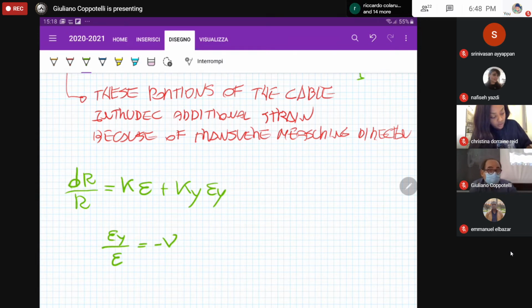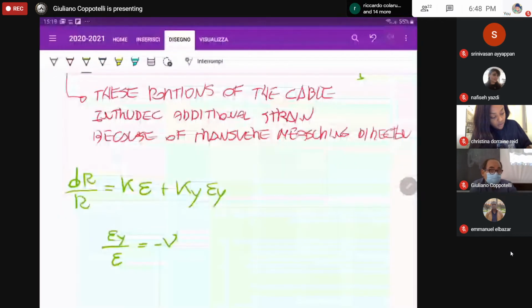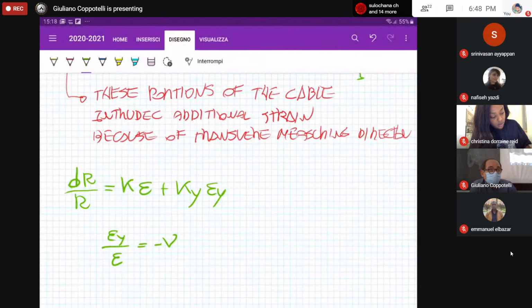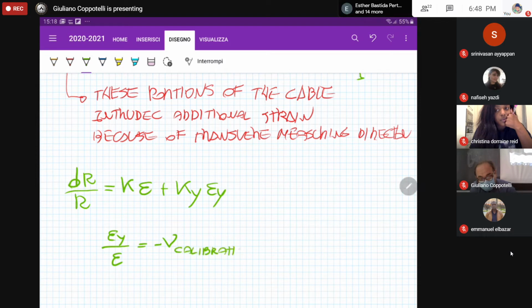And because we are testing it, we are trying to find out the major effect, we can call this Poisson ratio the Poisson ratio of the calibrating material, in which we are bonding the strain gauge. Okay.